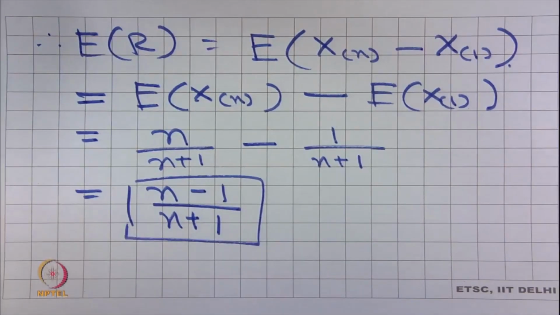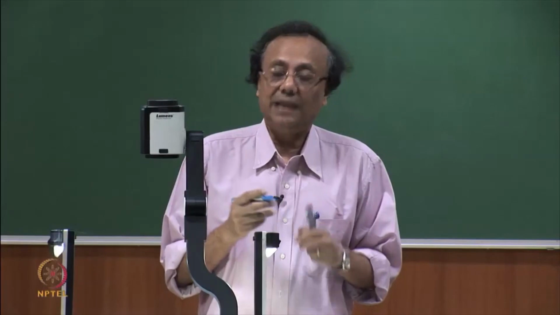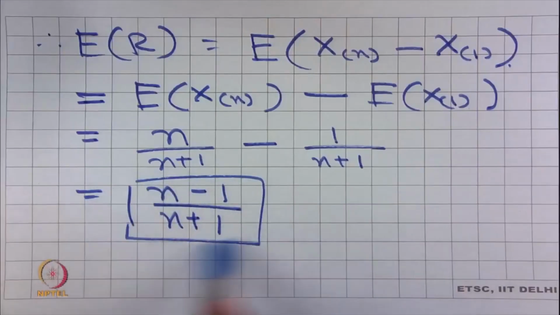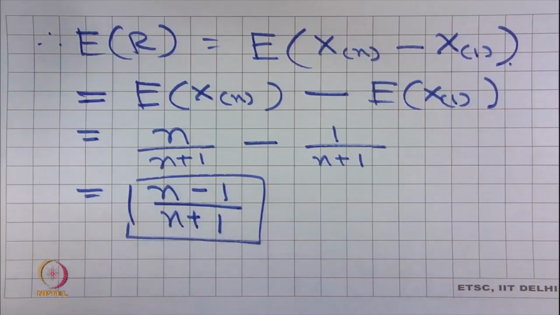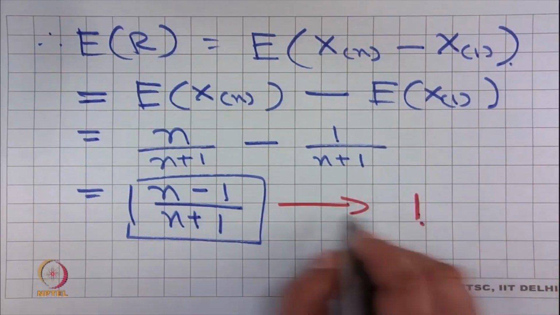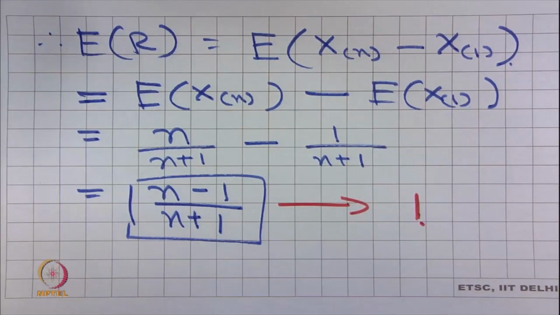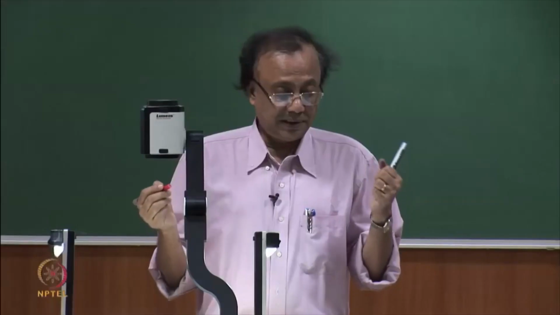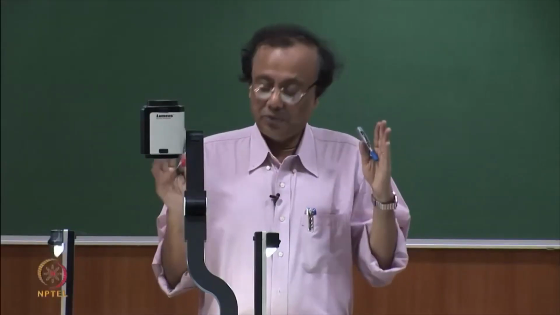Therefore, if we take n samples, the expected value of the range is n minus 1 upon n plus 1, which is obviously less than 1, because we are taking samples from uniform 0 1. But as n increases, this value converges to 1, and this is expected because we are talking about samples from 0 to 1.